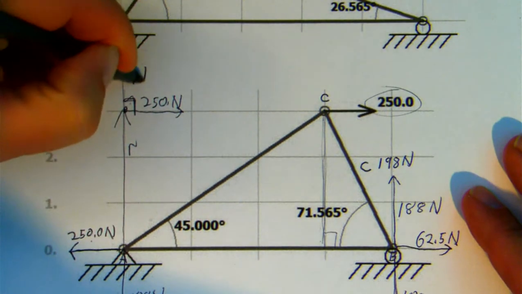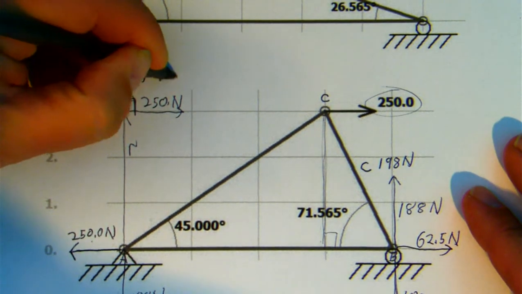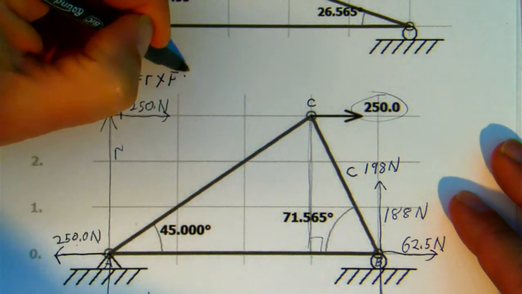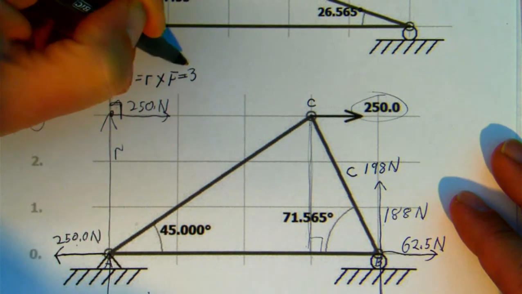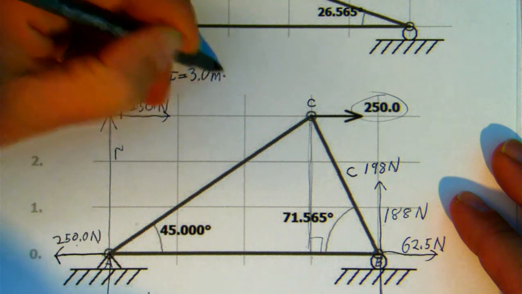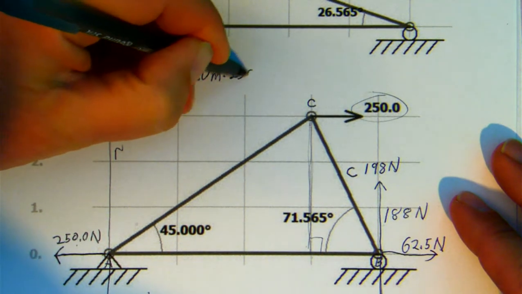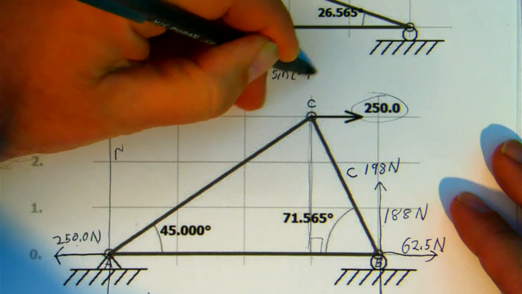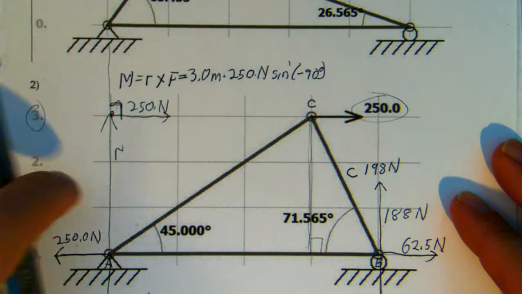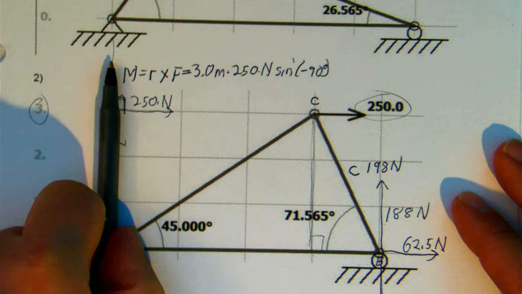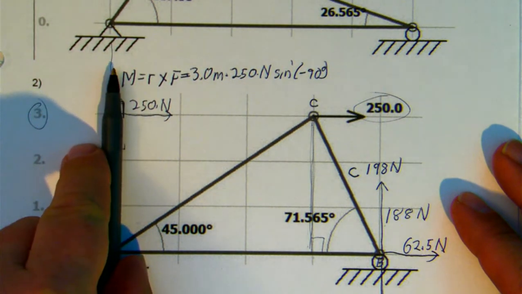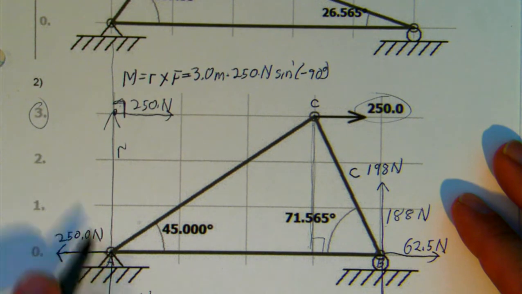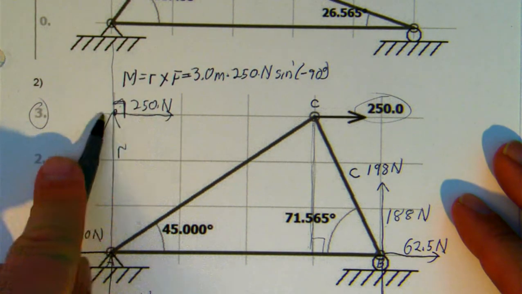For calculating the moment, the formula is R cross F, which is 3 meters times 250 newtons times the sine of negative 90 degrees in this case, because R is taken to be 0 degrees, the direction from the axis of rotation to the point of application of the force.